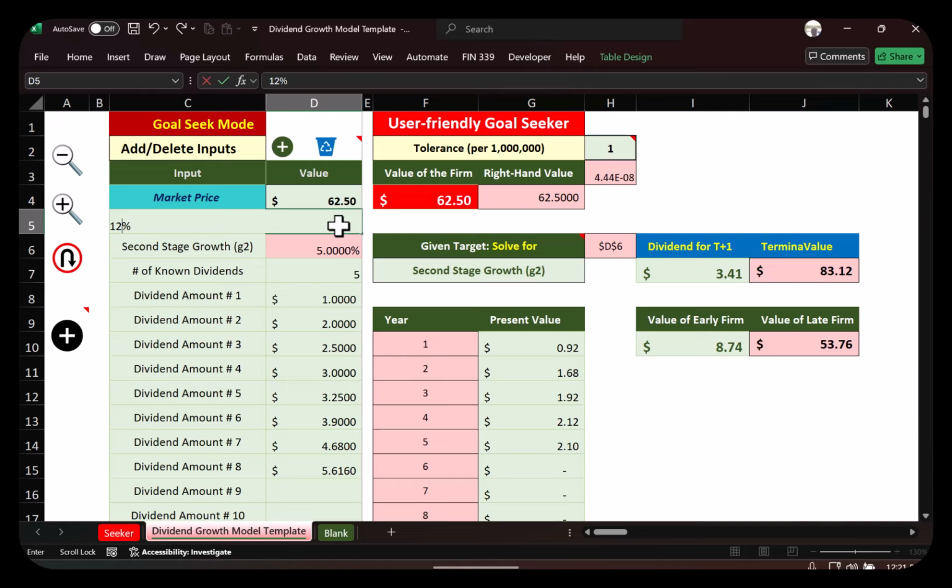If the required rate of return was 12, at what growth rate, given these first 5 dividends, will you get a value of 62.50? Done. I mean, you can solve for G2 algebraically. It requires a little bit of careful manipulation of the equation. But again, why do you have to?